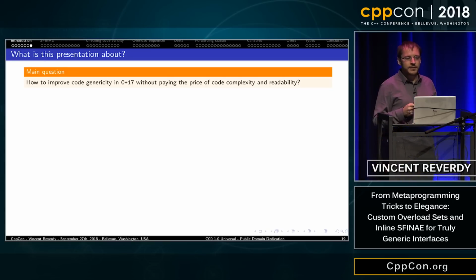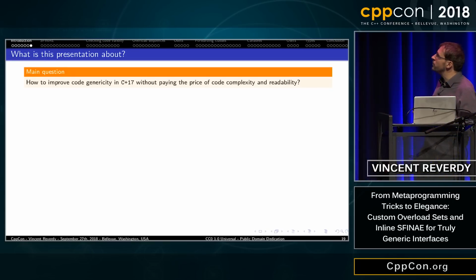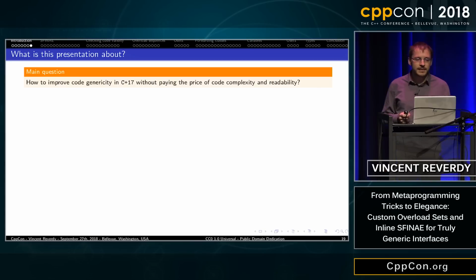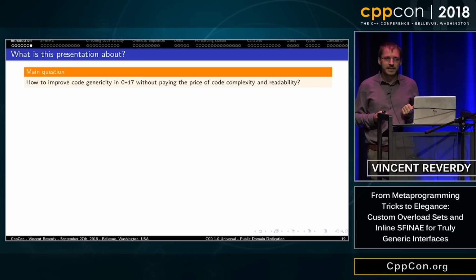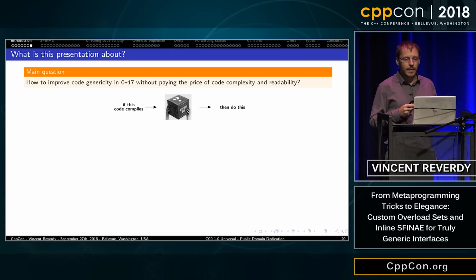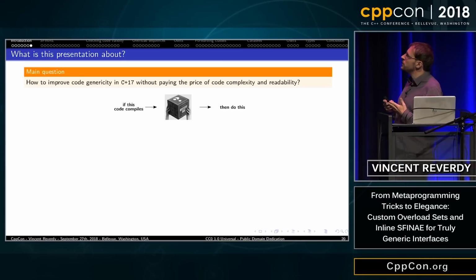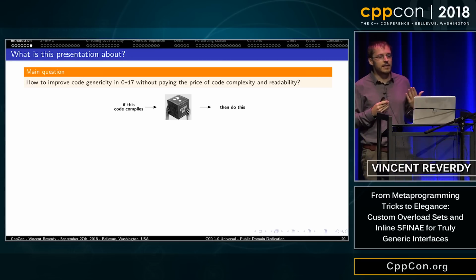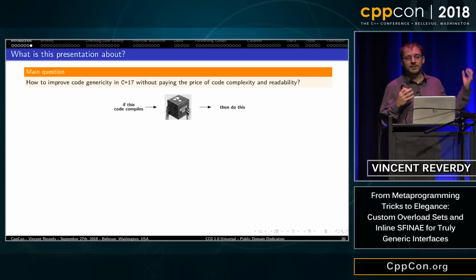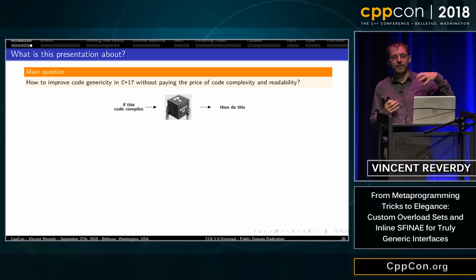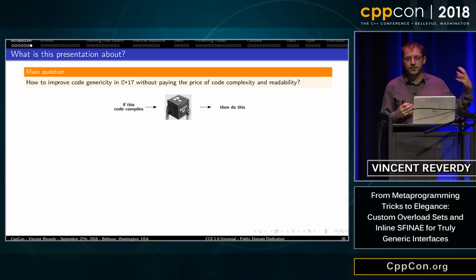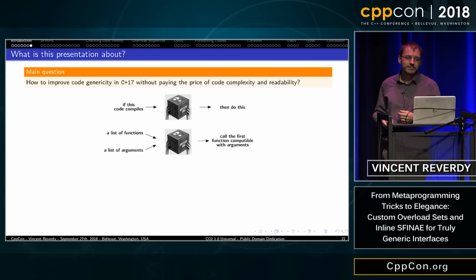This presentation is about how we can improve genericity in C++17 without paying the price of code complexity and code readability. I want to focus on 4 particular things. The first is a black box that, as an input, asks whether something compiles, whether it is valid code or not, and if it is valid code, then it will do something.